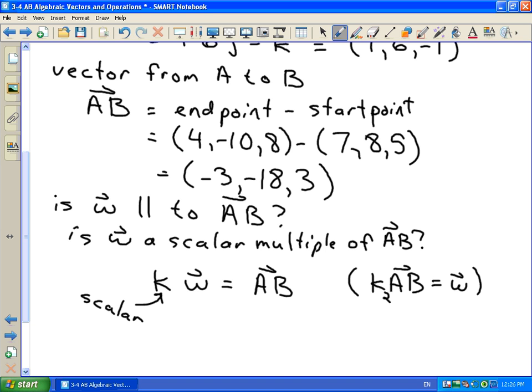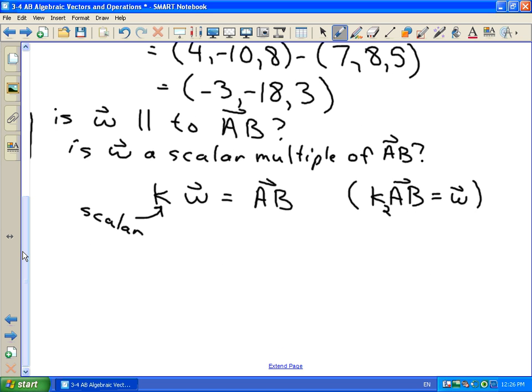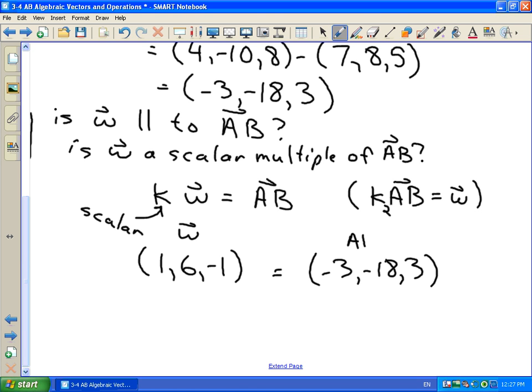So let's look at our two vectors here. We've got 1, 6, negative 1, which is w. And we've got negative 3, negative 18, and 3, which is AB. And we're asking ourselves, is there some scalar, k, that I can multiply w by to get AB?